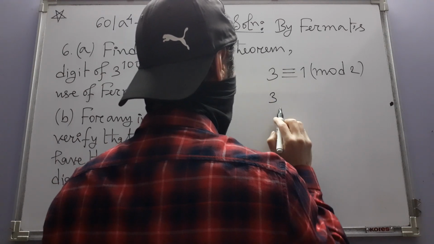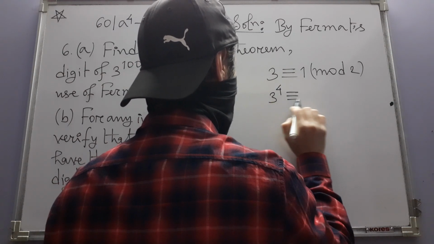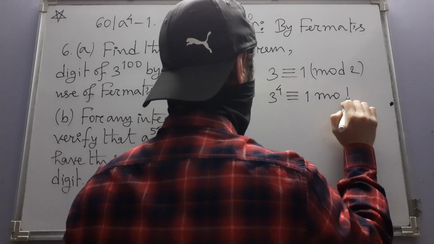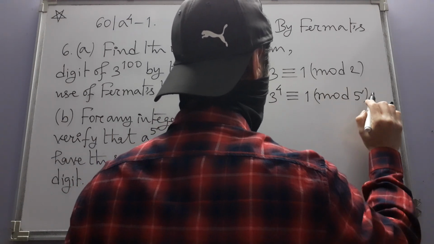And then 3 to the power 4 is congruent to 1 modulo 5.